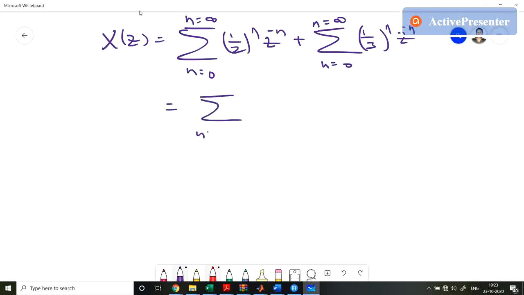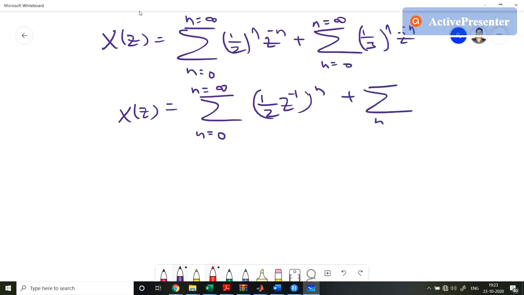So it can be written as the sum from n equals 0 to infinity of ((1/2) z^(-1))^n, plus the sum from n equals 0 to infinity of ((1/3) z^(-1))^n.